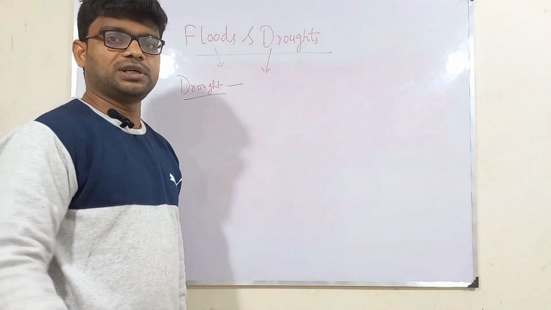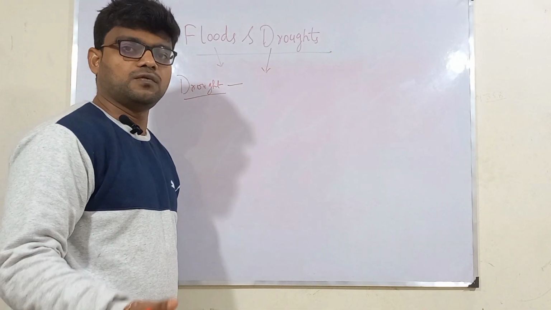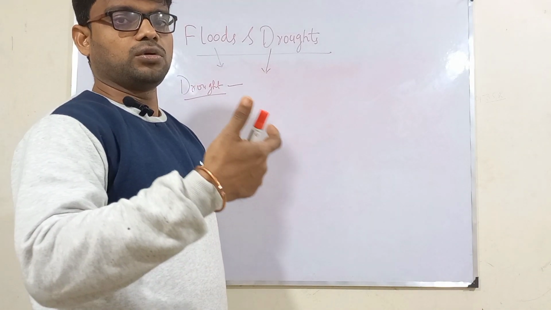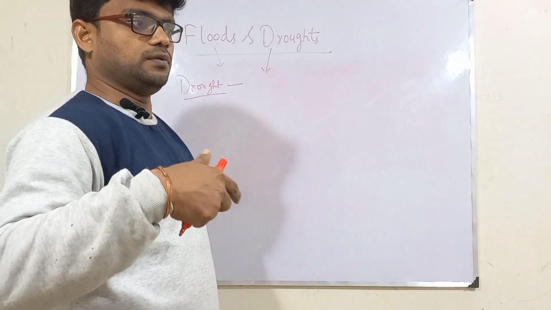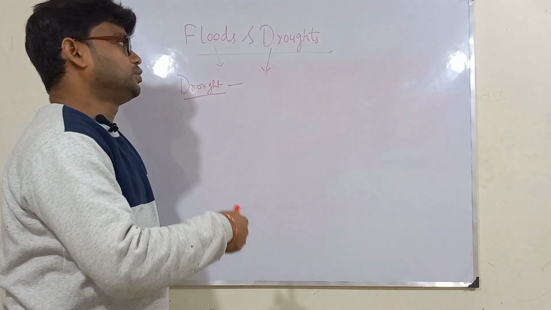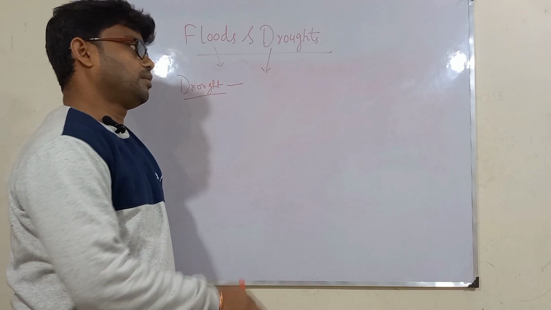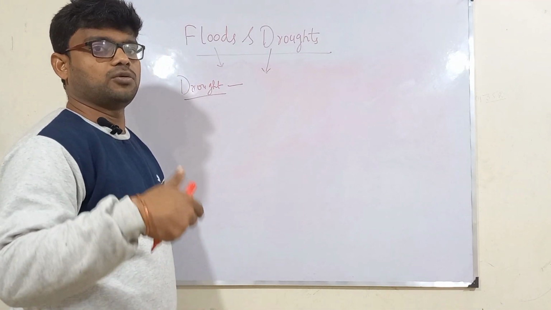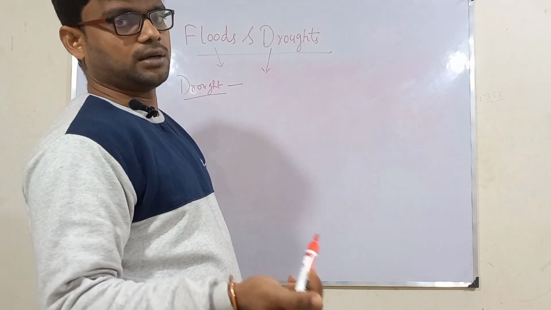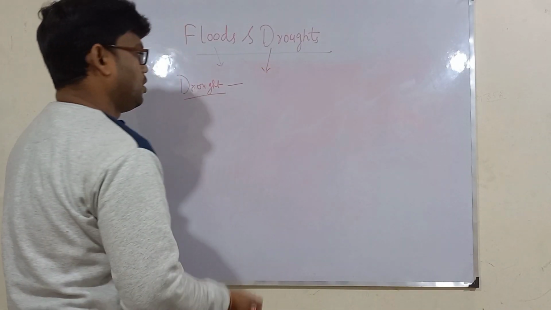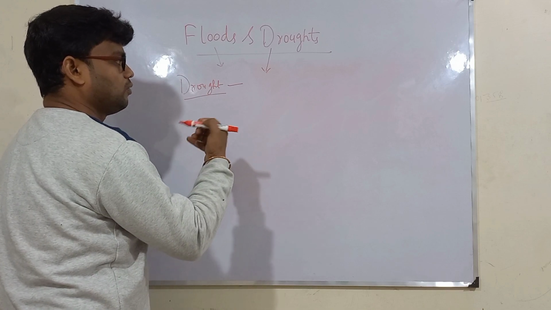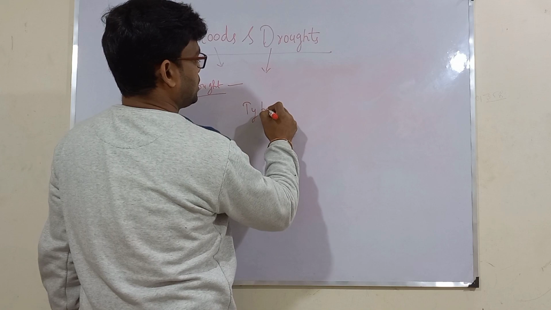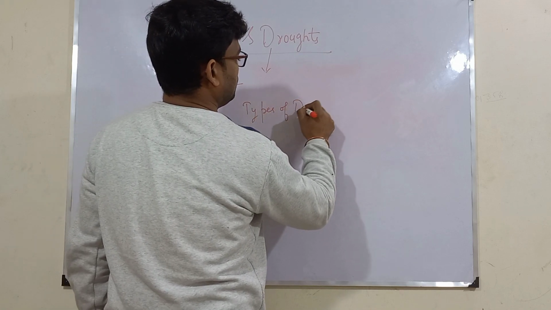Drought means a water deficient condition, when the amount of water which a place has received during the rainy season, or the amount of water which a place has, is much less than the amount of water needed at that place, then that refers to drought or drought like conditions. Now what are different types of drought?